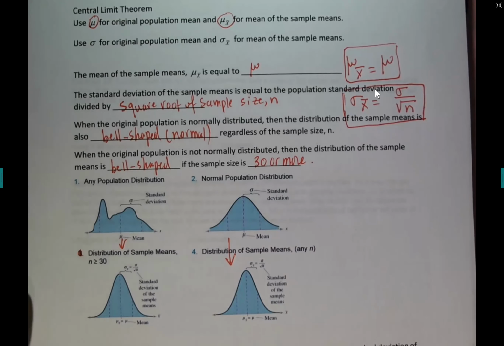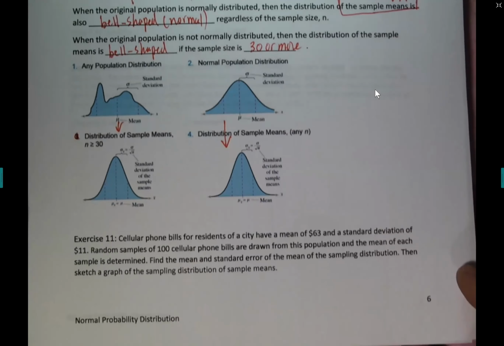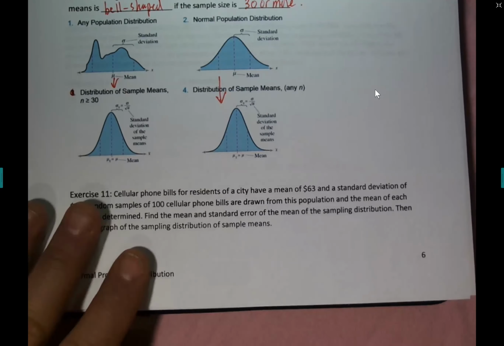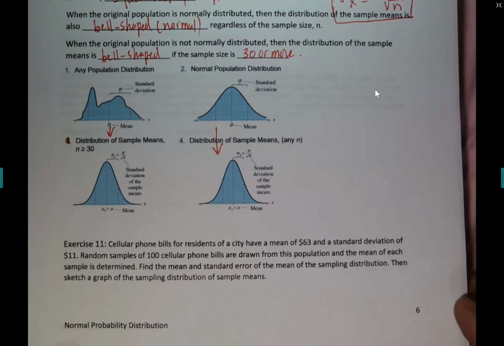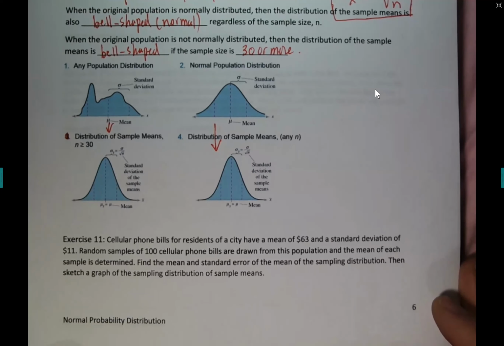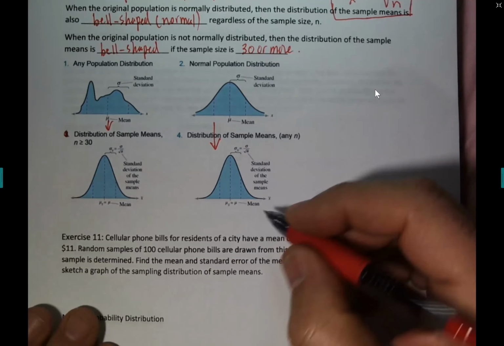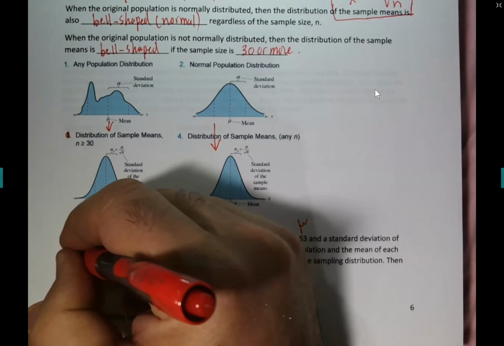Let me show you some quick application of this here. Example 11. Let's do this. And then we'll do a real probability question, show you how to use this. Cellular phone bills for residents of a city have a mean of $63 and a standard deviation of $11. So mean is 63 and standard deviation, guys, is 11.